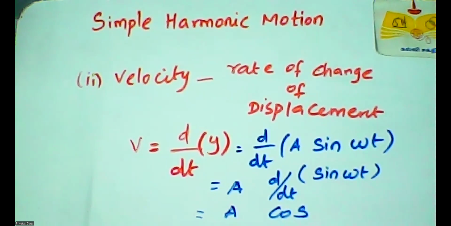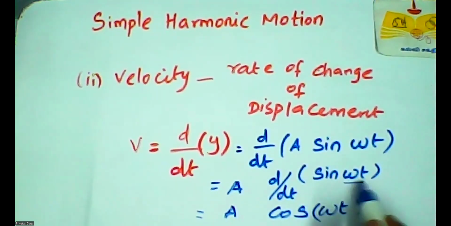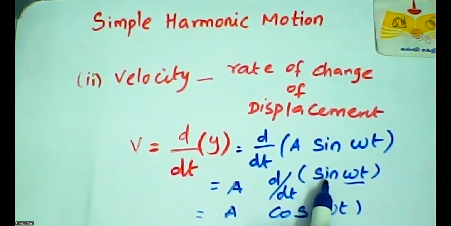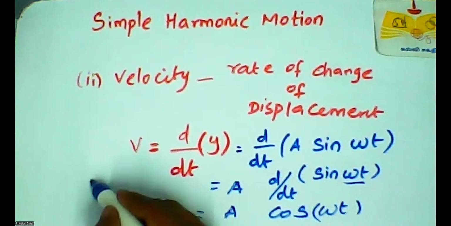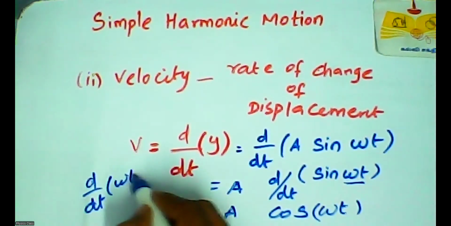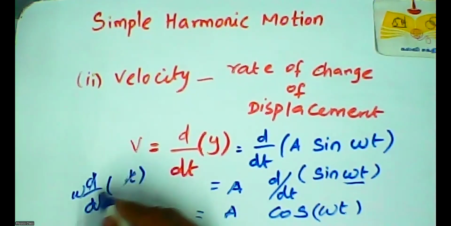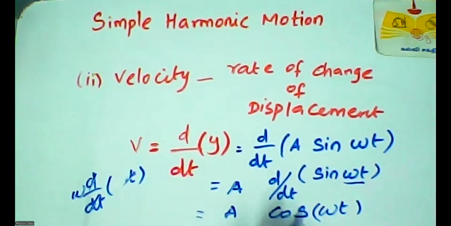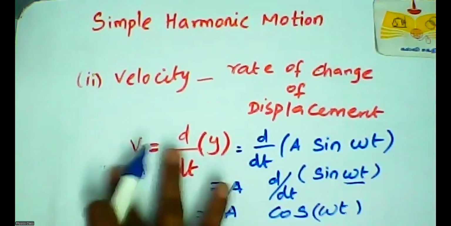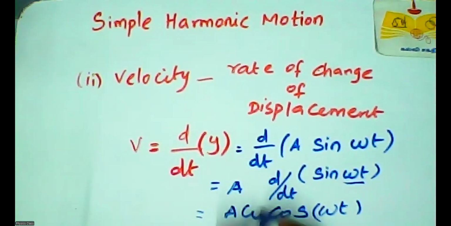So A becomes cos omega t, and again we have to differentiate the inner quantity. First we differentiate sine, then the quantity inside: sine omega t becomes cos omega t, then differentiate omega t. That means d by dt of omega t, so omega is taken out, and dt by dt is 1. So omega is taken out here.